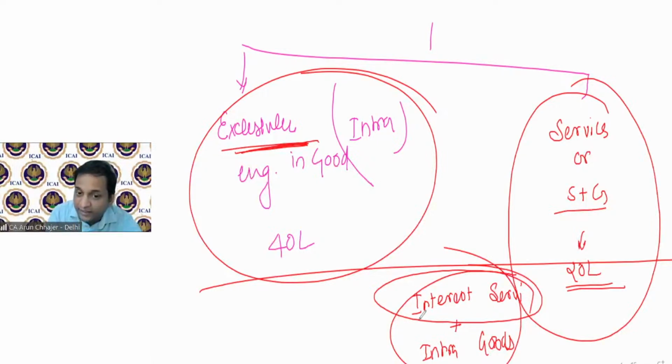In this case, interest is a service which is to be added in the aggregate turnover, but you will still be counted as not engaged in service. If I exclude the interest, I am exclusively engaged in the goods. So even after interest, you will be considered exclusively engaged in the goods. The limit is 40 and therefore in this case registration is not required. Is it clear?